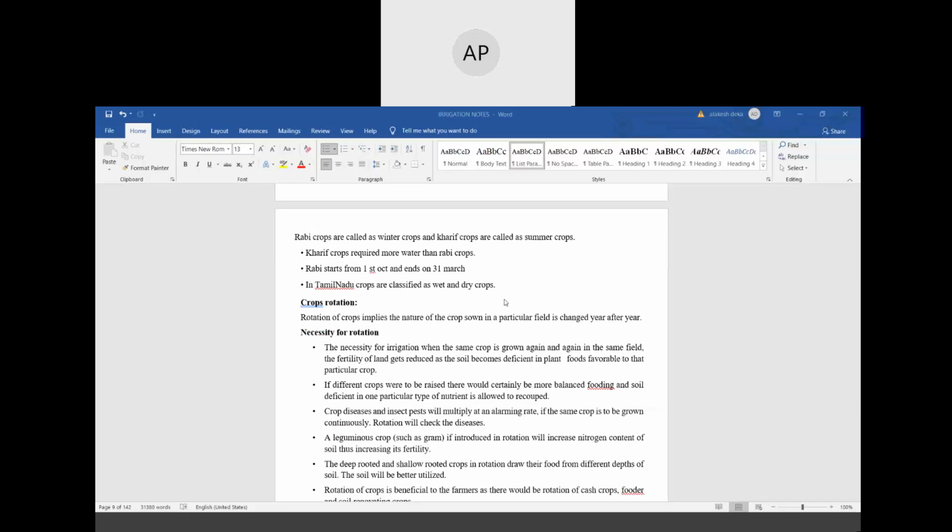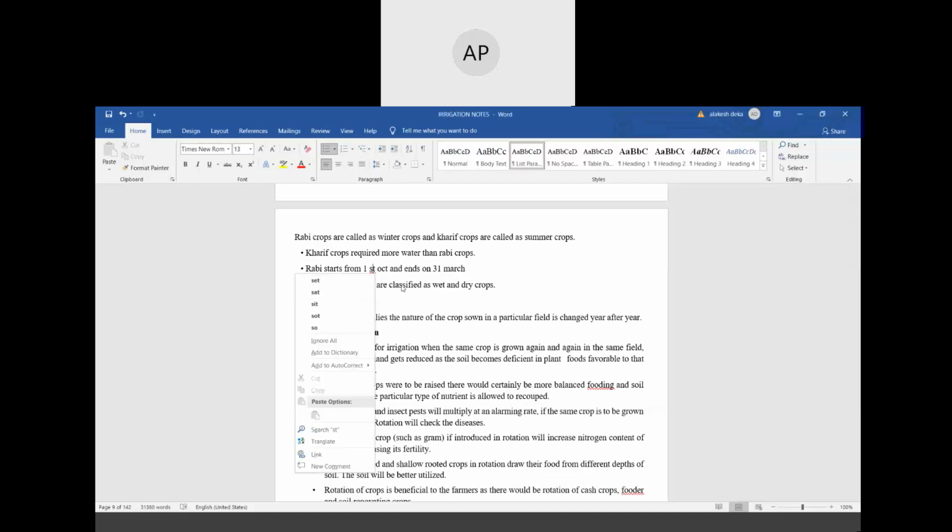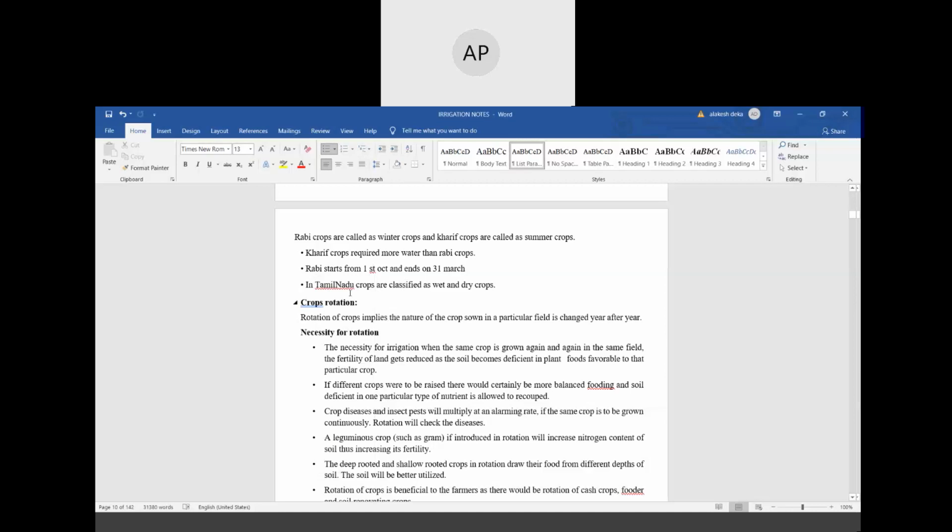Kharif crops require more water than Rabi crops. Rabi starts from 1st October and ends on 31st March. And in Tamil Nadu, crops are classified as wet crops and dry crops.